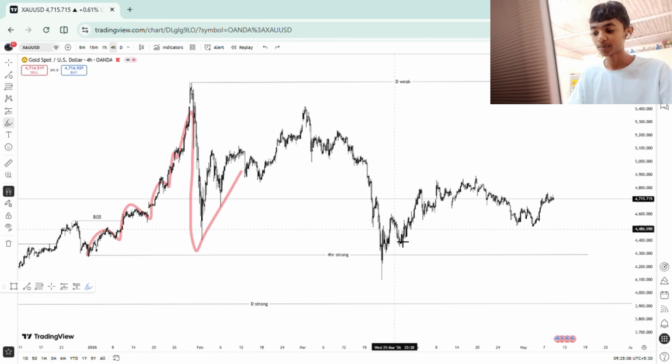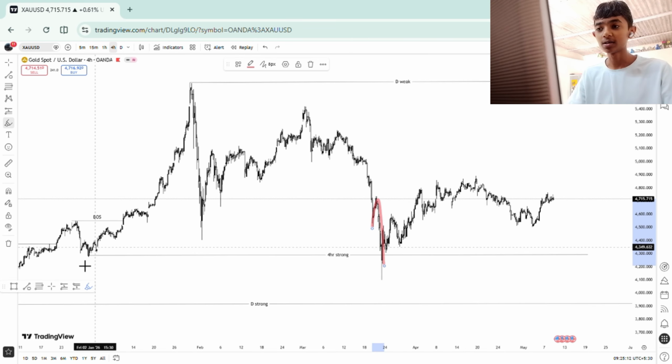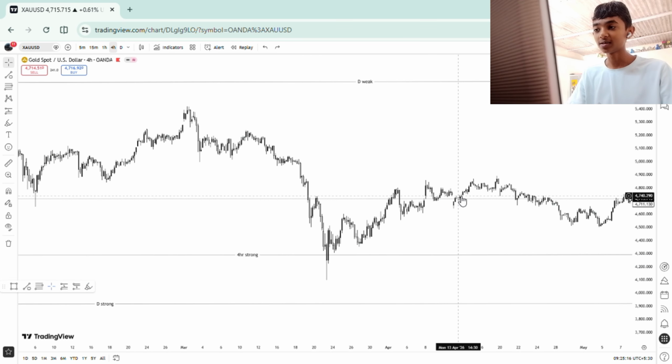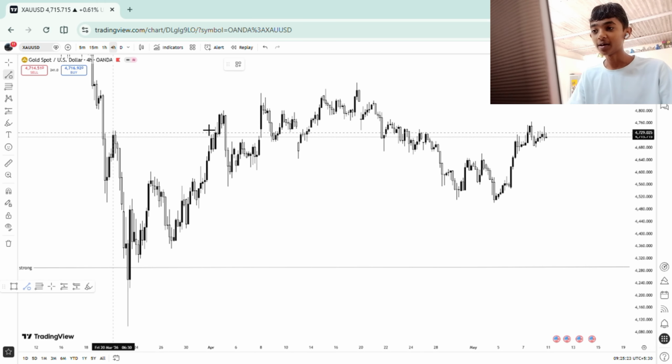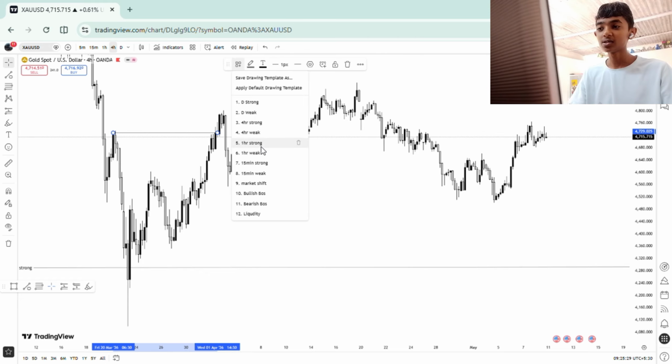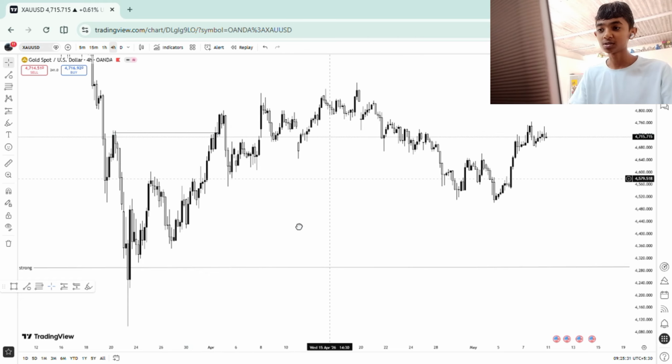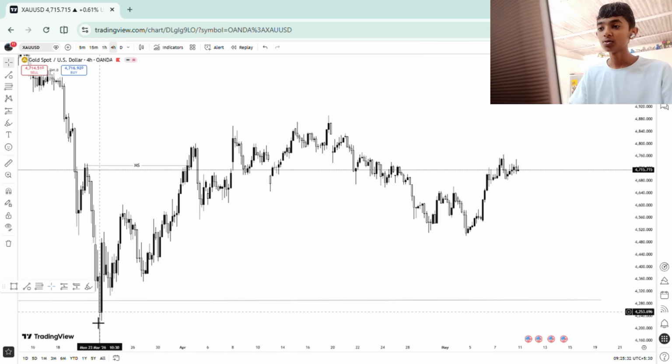So now price gave us a market shift, which confirms that the 4-hour internal range has shifted bullish. So we mark it as our 4-hour internal range. This is our market shift. Now we saw that price also gave us a bullish break of structure to the upside on the 4-hour internal range.